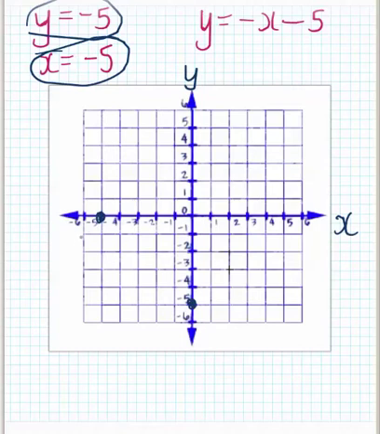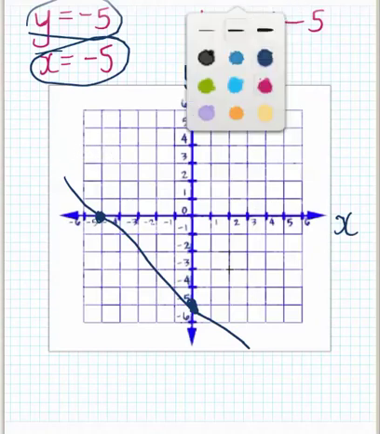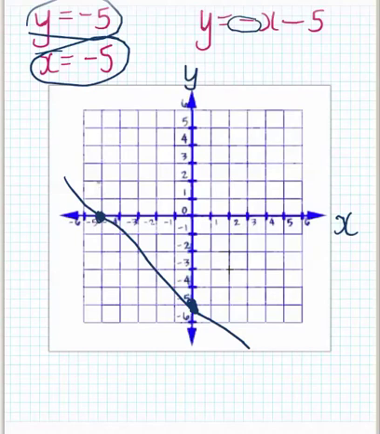Plot our point, and now get a ruler and join these 2 points up. Whoop, there we go. Sorry, it's not straight, and imagine that's a perfectly straight line. It's passing through these 2 points. We can see we have a negative gradient, and we're going down the hill. So we can see the gradient is correct. And now, last of all, show these points using actual coordinates.